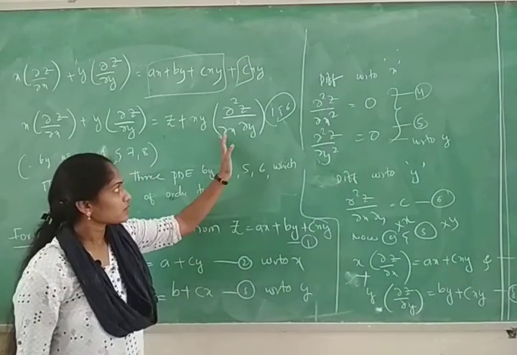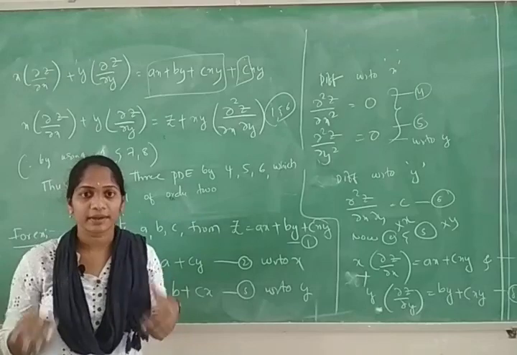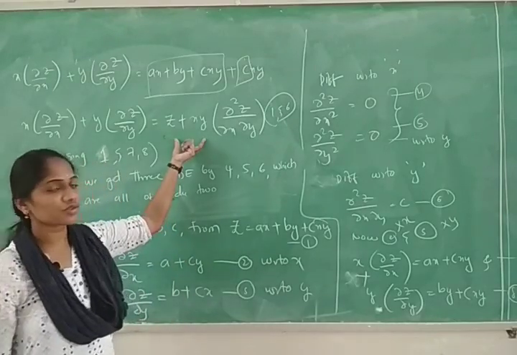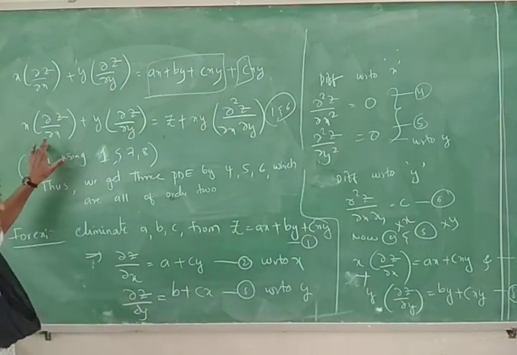No. If you are not observing any arbitrary constants in our required result, then that required equation is said to be our PDE. But see here, what is the difference?